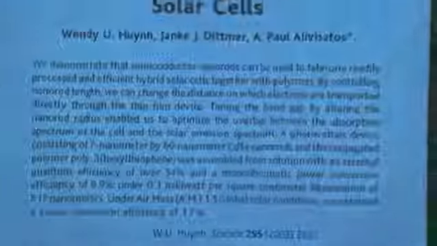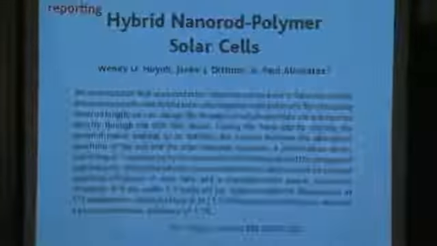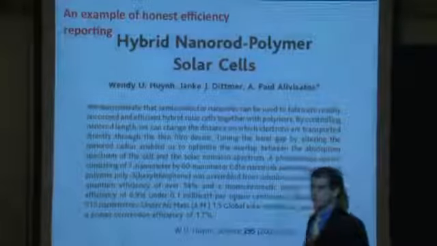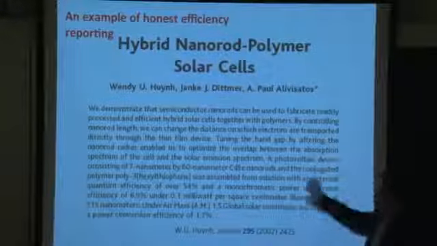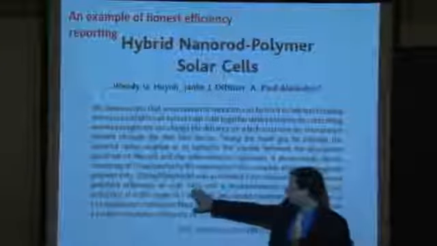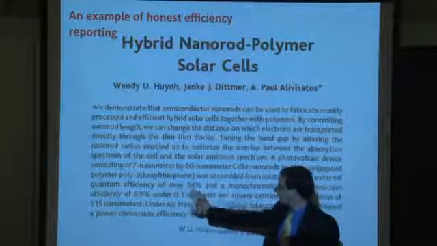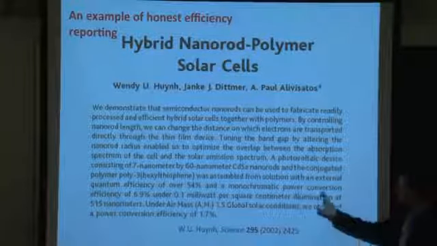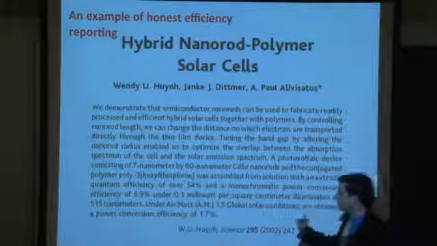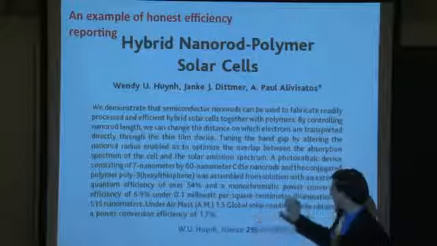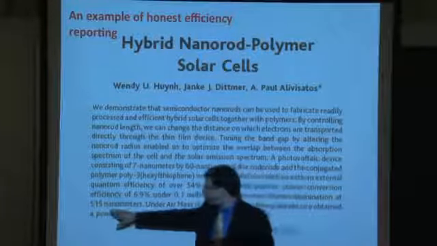This right here, a paper out of Paula Levi-Satos' lab from 2002, was, in my humble opinion, an excellent example of honest efficiency reporting. First off, they picked their highest values and put their best foot forward and said, look, we have a quantum efficiency over 54% and a monochromatic power conversion efficiency of 6.9% under very low intensity light at 515 nanometers.